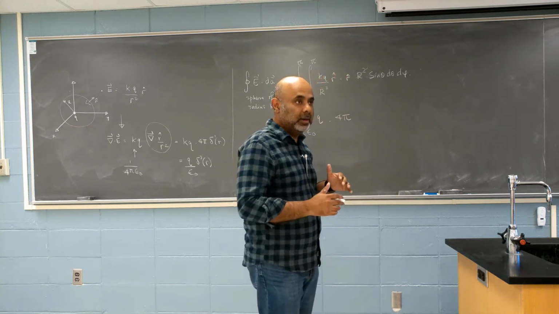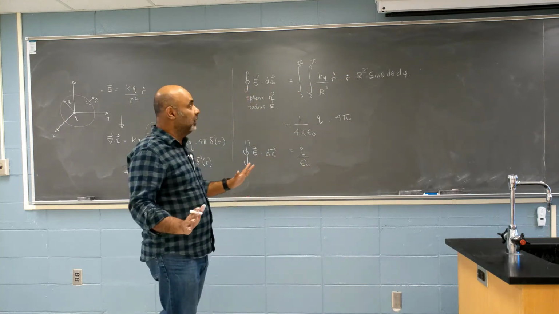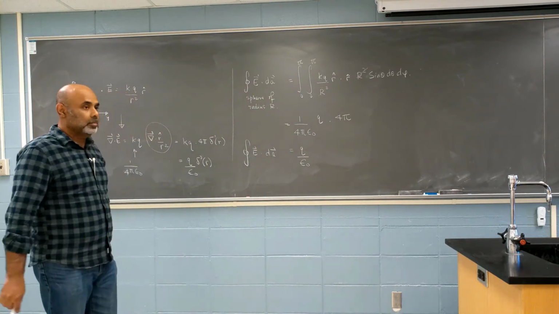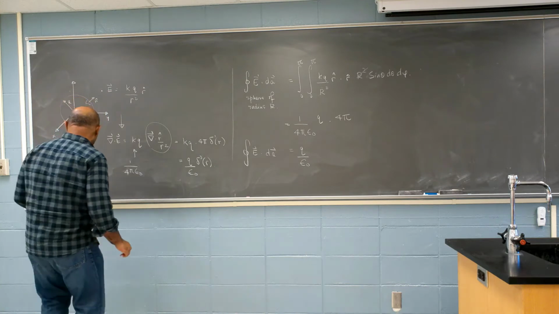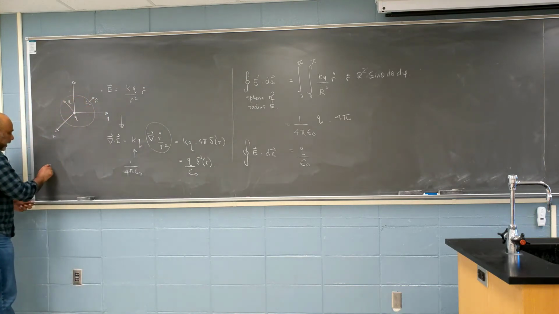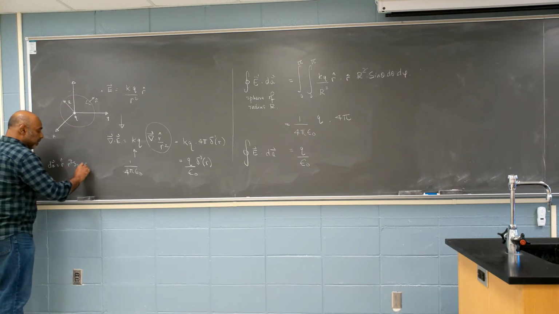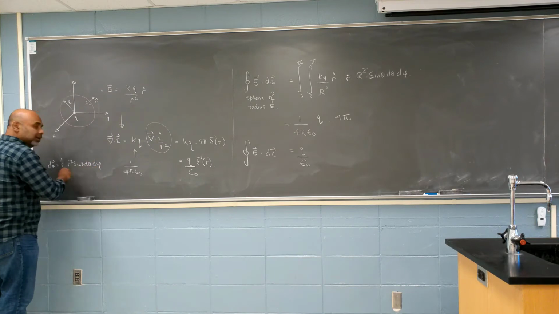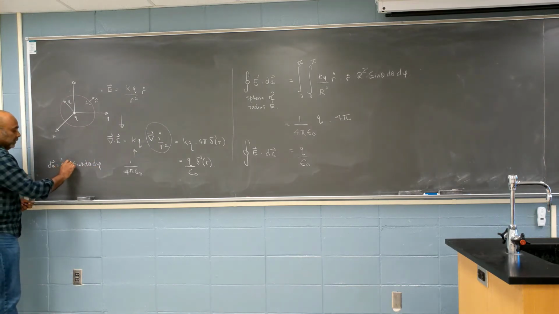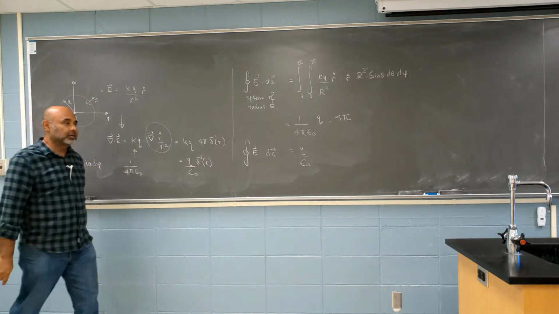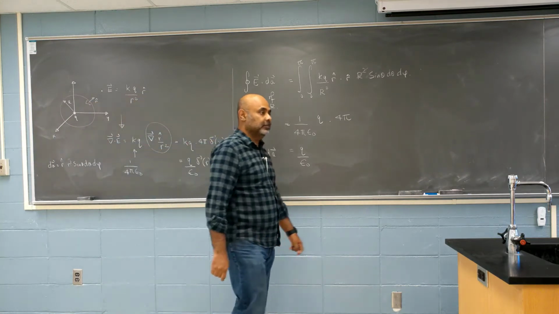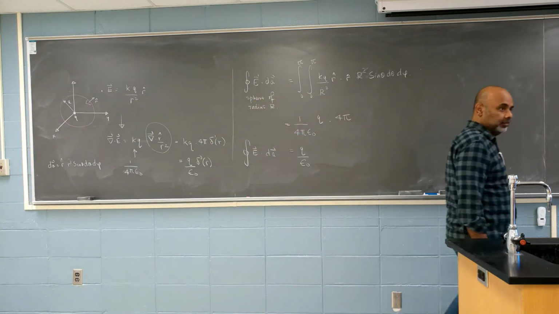So all R is just capital R. There's no free variable. Normally the dA would be R hat, R squared sine theta, d theta, d phi. But again, for us, R is just uppercase R. Yeah, James?